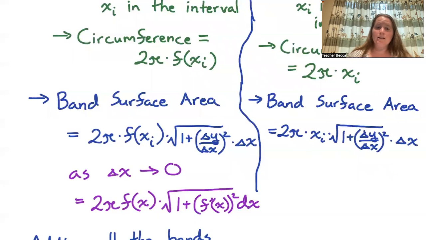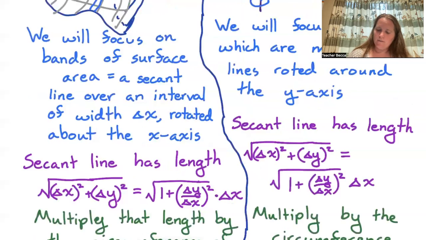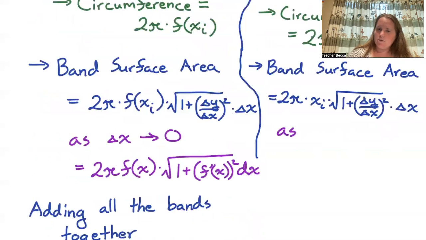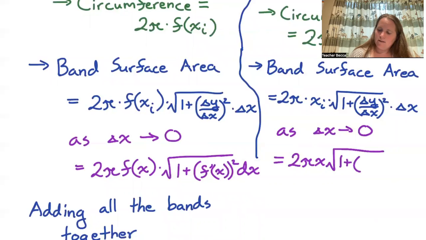Again, as we let delta x go to 0, this is equal to 2 pi x times the square root of 1 plus f prime of x squared dx.